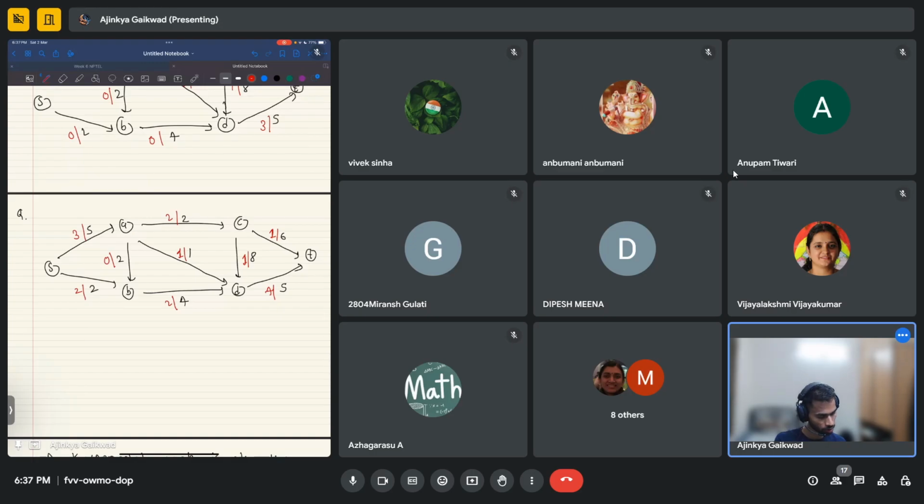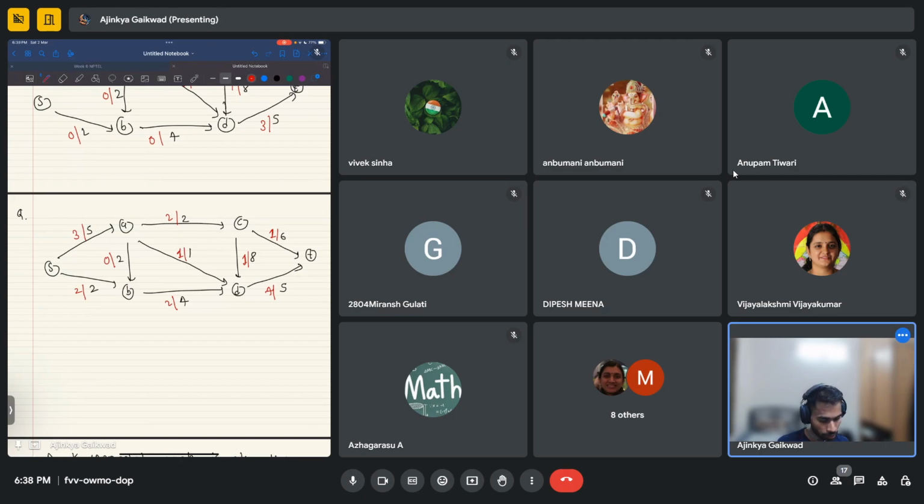So the incoming and outgoing is correct, right? 3, 2, 1, 2 will split into 1, 1, 1, 1, 2 is 4. Okay, so I hope everybody can see that this is a valid flow network, because all the flows in the edges are at most the capacities, and the flow conservation property is also satisfied.